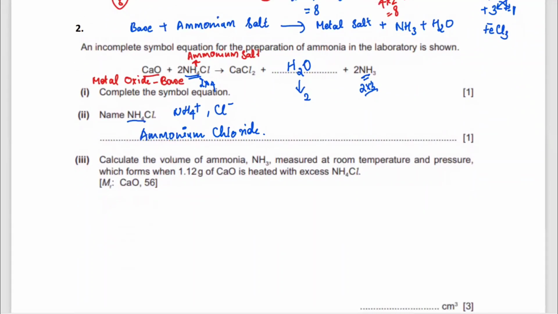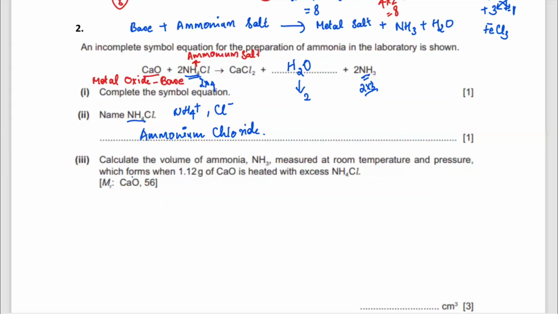The next question asks us to calculate the volume of ammonia, NH3, measured at room temperature and pressure, which forms when 1.12 gram of calcium oxide is heated with excess NH4Cl. So we have already seen the equations that we require in order to solve stoichiometry related questions.